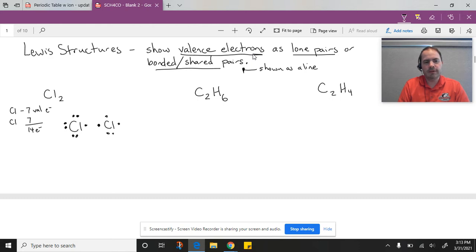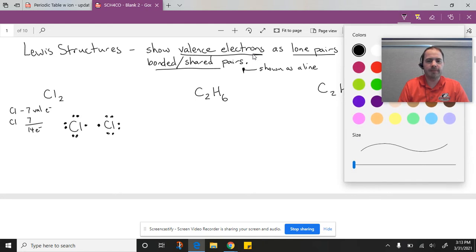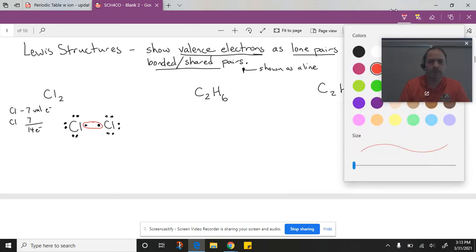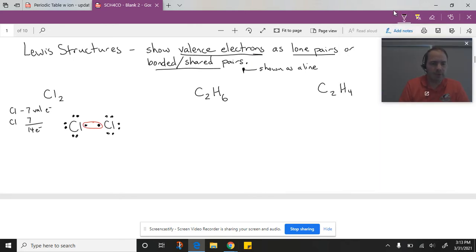So if we draw in our other chlorine, we can identify which one's going to end up being the bonded pair, and that's going to be this set right here. And instead of drawing them as dots, we'll actually draw it as a line. So the bonded set of electrons becomes a line in our Lewis structure, and these lone pairs that aren't involved in bonding are still shown.